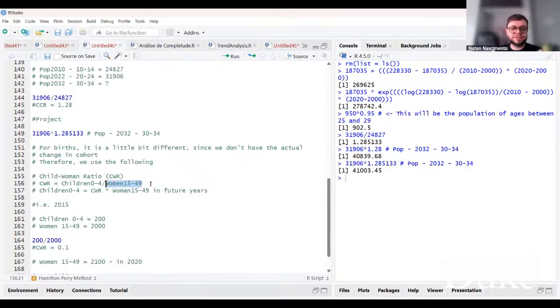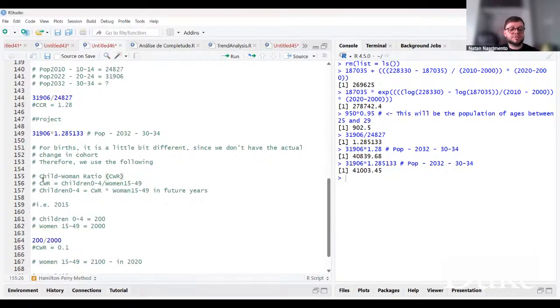This is the fertile age, reproductive age, something like that. The age at which women are expected to give birth, because more than that or less than that are not the best. Not that 15 is the best, but anyway. So this creates a child-woman ratio, and then to project, we multiply this child-woman ratio by the population of women in future years.